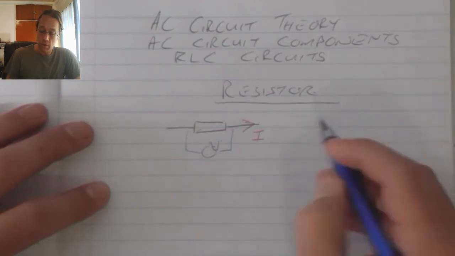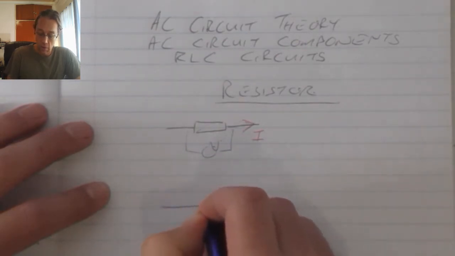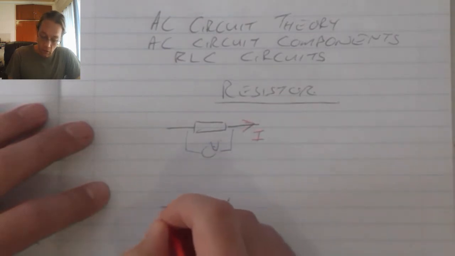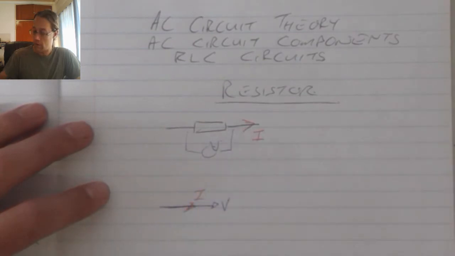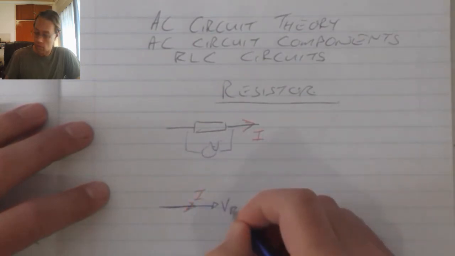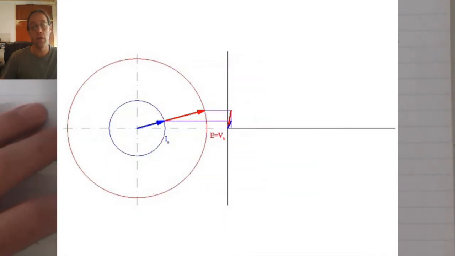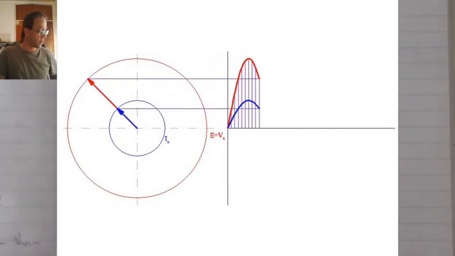As a pure component, that voltage is represented on the horizontal axis, and the current is also represented on the horizontal axis. And whether it is series or parallel has no bearing on the component.